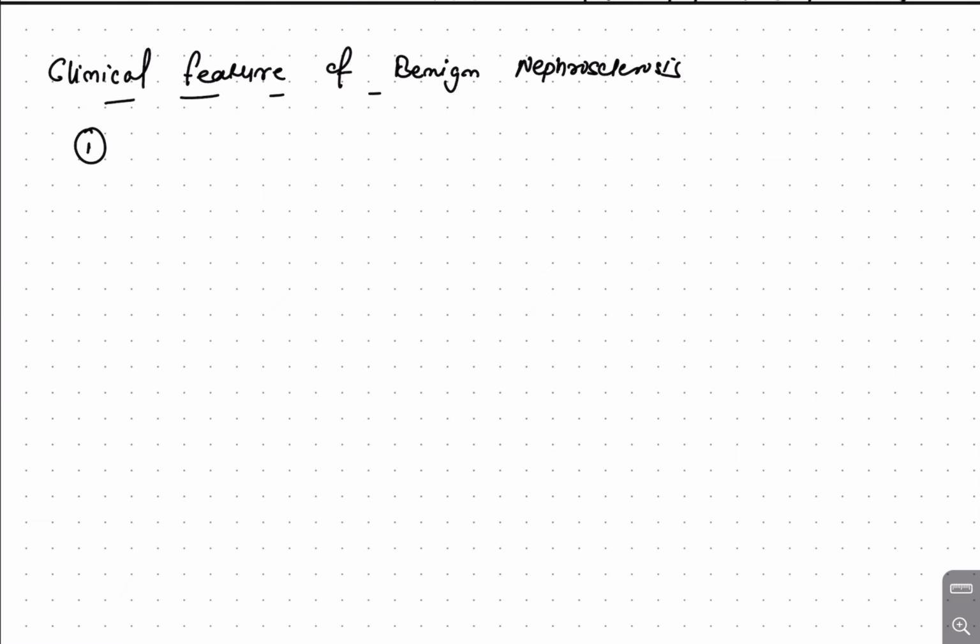Now, the clinical features of benign nephrosclerosis. It can present with headache, palpitation, and nervousness, but papilledema is absent. Renal function tests and urine examination can be normal in the early stage, so we can't find this in the early stage.